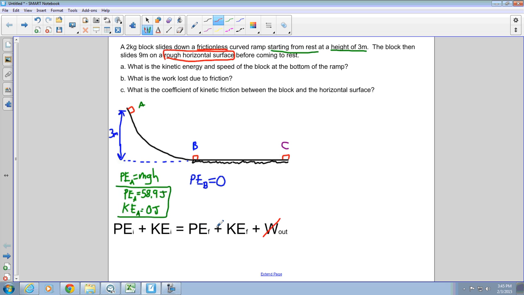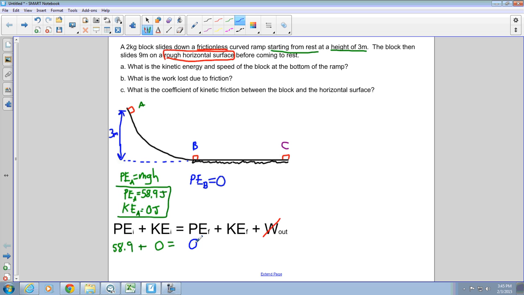The potential energy initial is at A, so our initial is A, potential energy initial is 58.9, and we're going from A to B, plus kinetic energy initial, that's 0, equals potential energy final, that's 0.